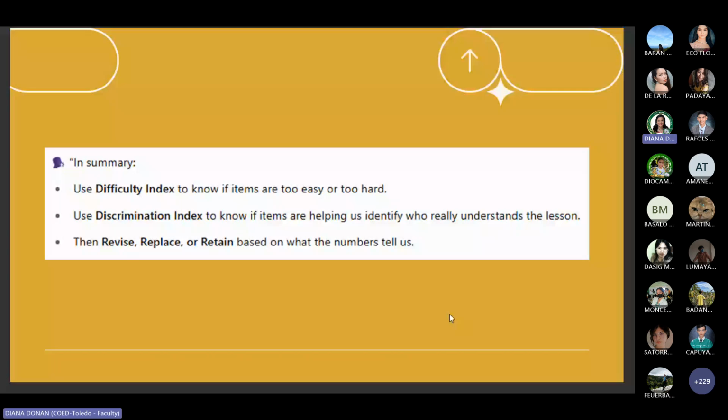Okay, so maura na siya inyong pangtimanan. So that's the basics of item analysis. And I encourage you to try it on your own examinations or quizzes. So it doesn't just help in grading, it also helps us become more reflective and effective educators.